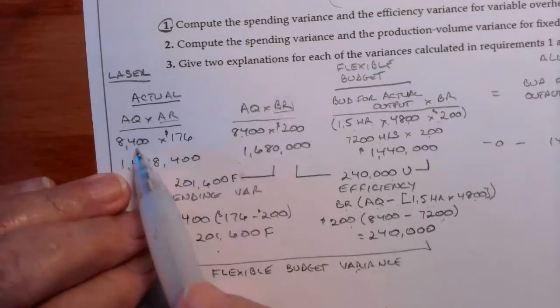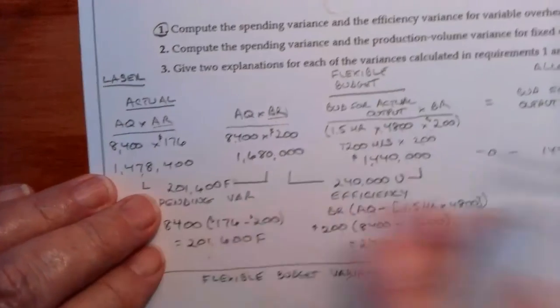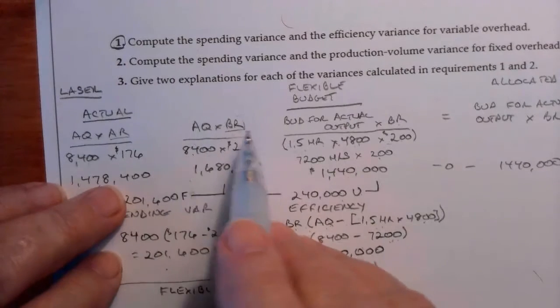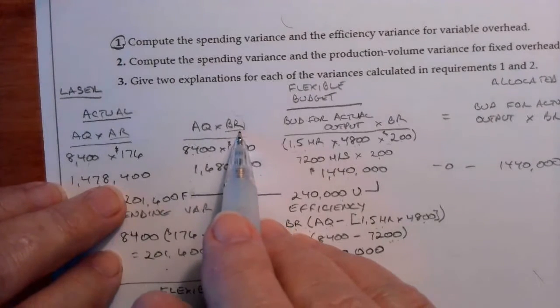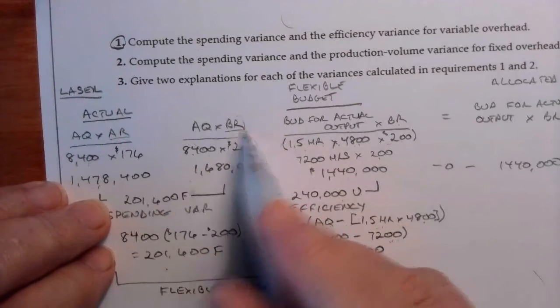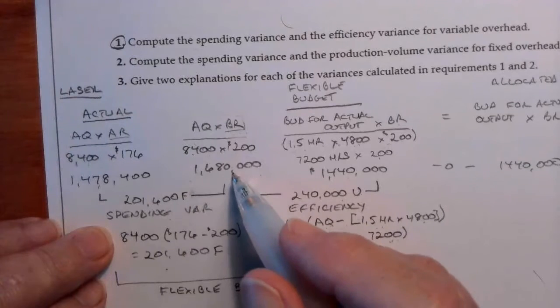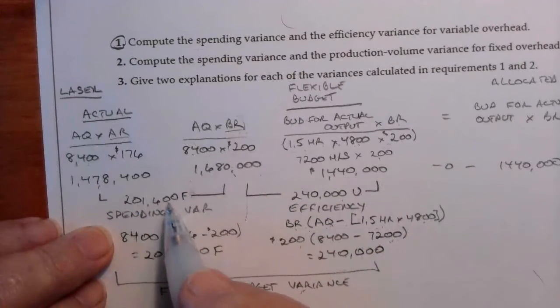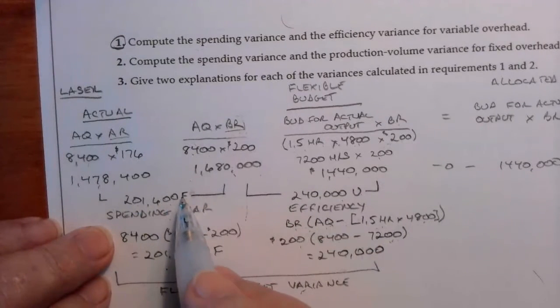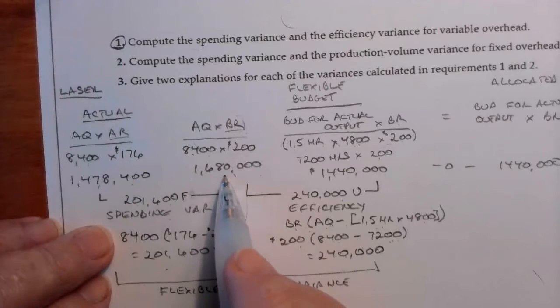Actual hours of 8,400 times 176 is 1,478,400. Compare that to the actual quantity times the budgeted rate. Our difference here is the actual rate versus the budgeted rate, and that gives you the spending variance, which makes sense. There's our 1,680,000, so our difference is 201,600, and it would be favorable because the actual is less than the budget.